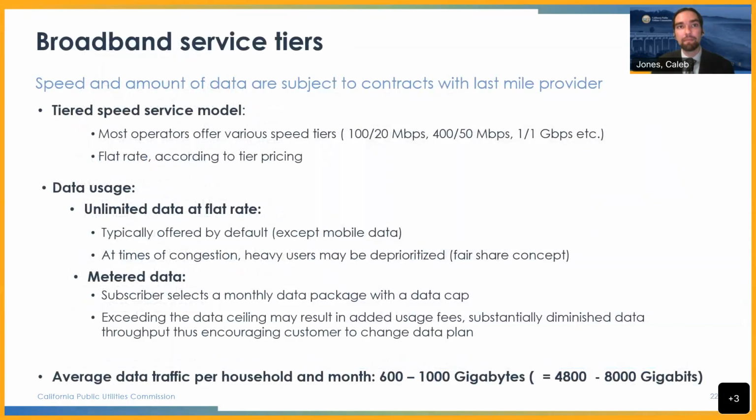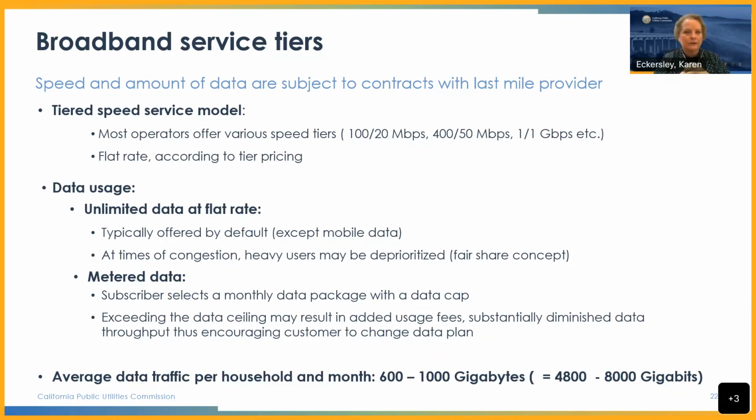Let's talk about how speed and service tiers are priced and sold in the market. For fixed connections, data usage is typically sold with unlimited data at a flat rate with different prices for different speed tiers. When traffic is congested, heavy users may have their usage deprioritized so that everyone can get some service.